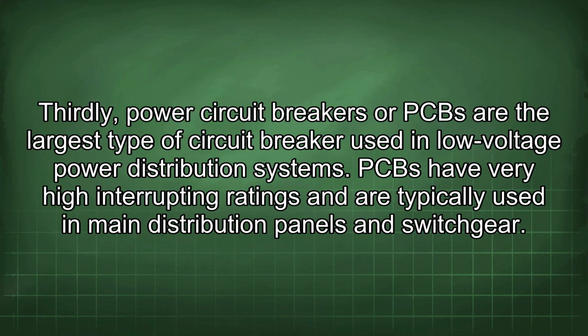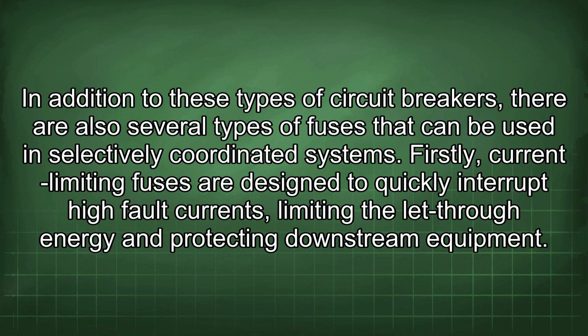Thirdly, power circuit breakers, or PCBs, are the largest type of circuit breaker used in low-voltage power distribution systems. PCBs have very high interrupting ratings and are typically used in main distribution panels and switchgear. In addition to these types of circuit breakers, there are also several types of fuses that can be used in selectively coordinated systems.